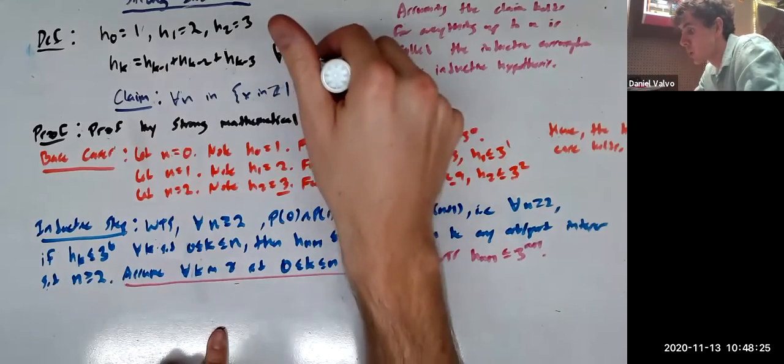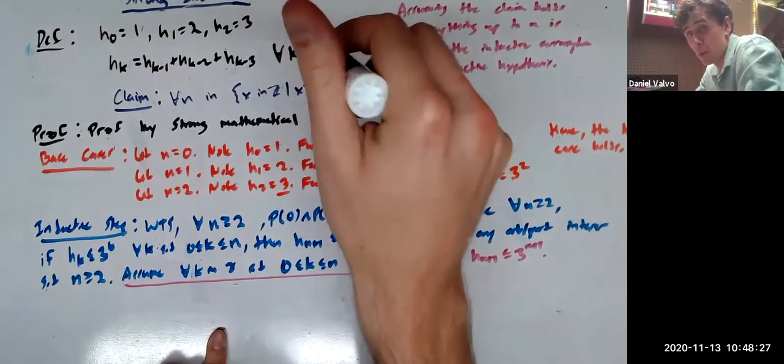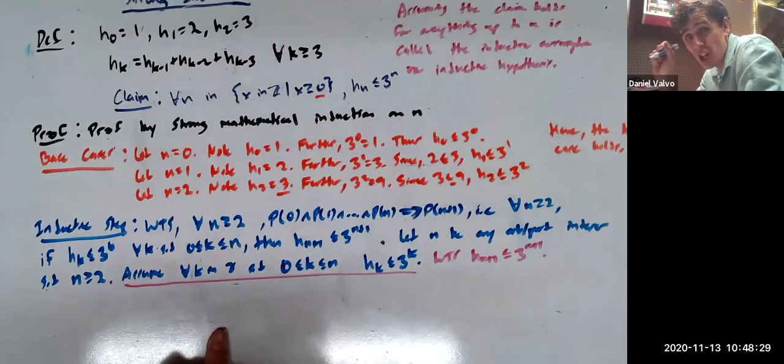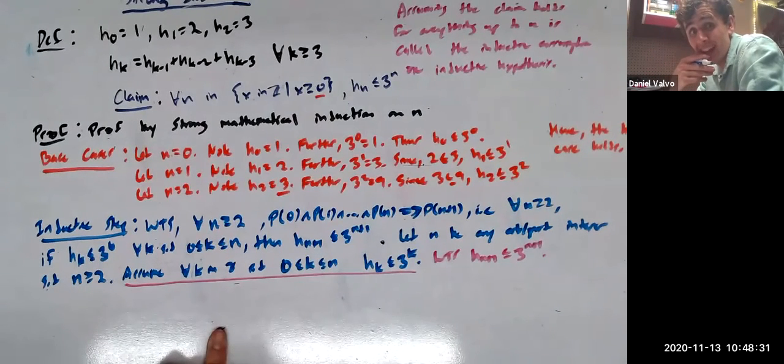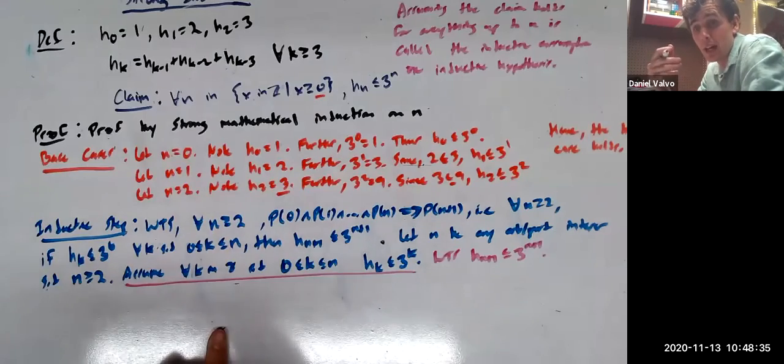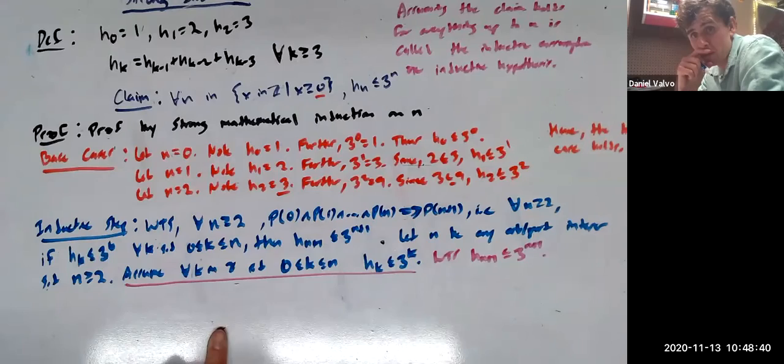But remember, this only holds as long as the index is bigger than or equal to 3. So first we need to show that n plus 1, that index, is going to be bigger than or equal to 3. And then we can use the recursive formula on h of n plus 1. Otherwise, we don't know we can use it.